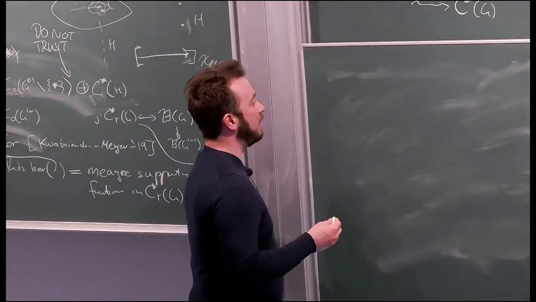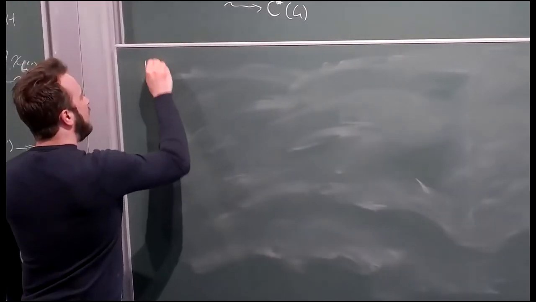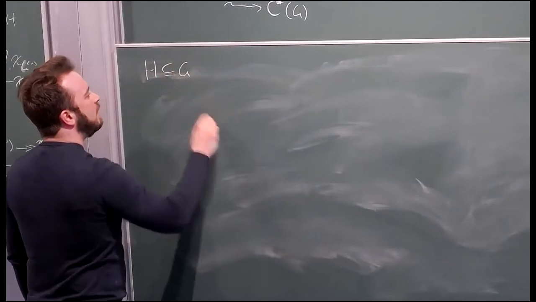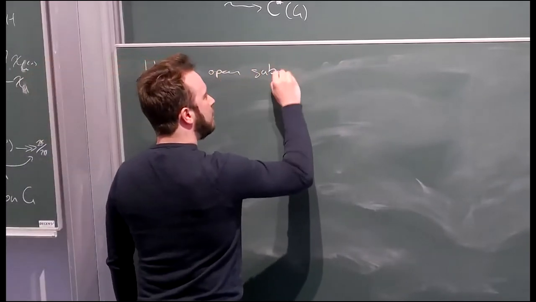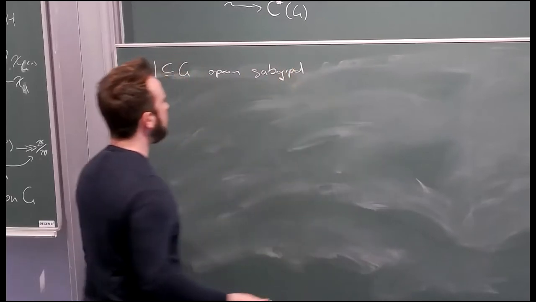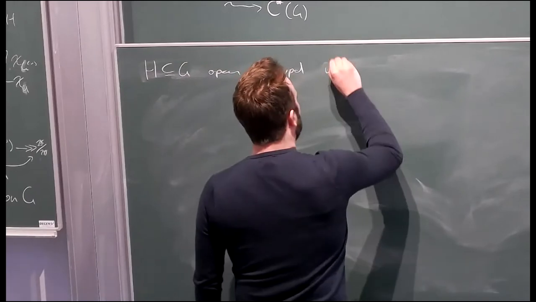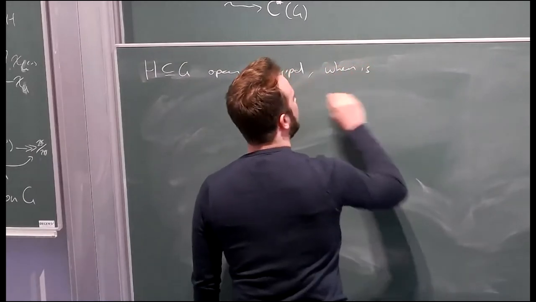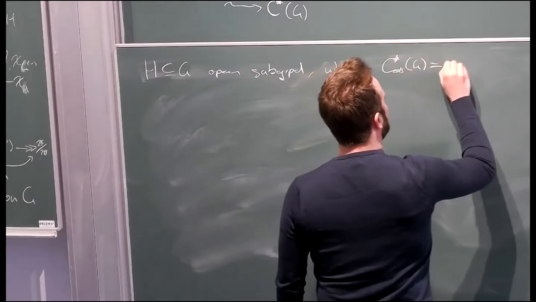But the question that I do actually have an answer for is: okay, if I have that H is an open subgroupoid of G, well then, when do they give the same essential groupoid C-star algebra?